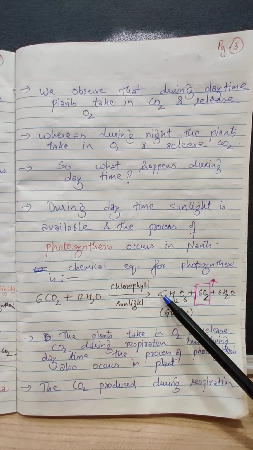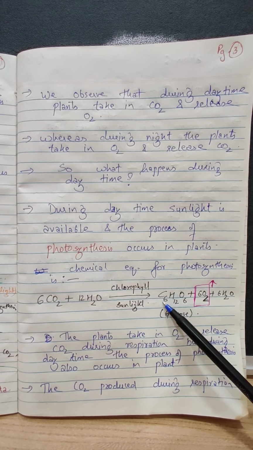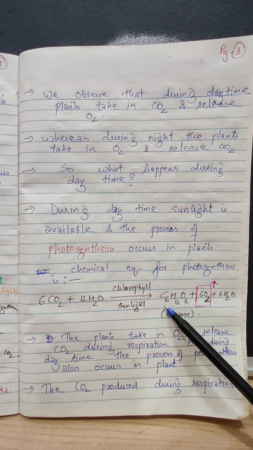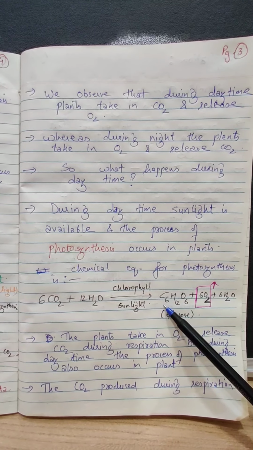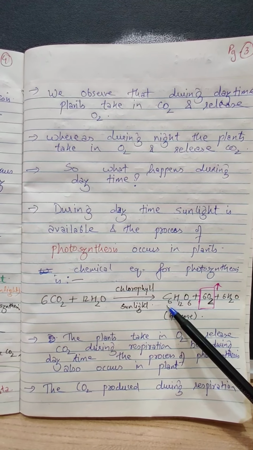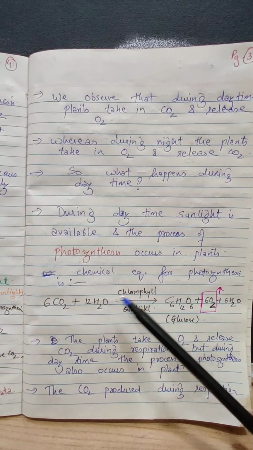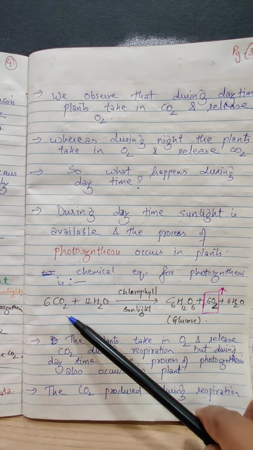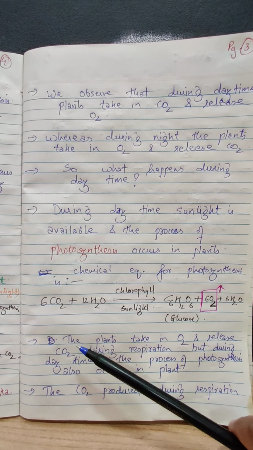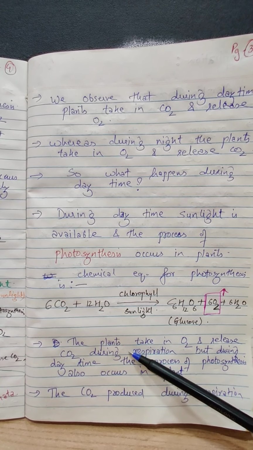So what happens? The plant, for respiration during daytime, takes in oxygen as usual. But the carbon dioxide produced by them during respiration is utilized for the process of photosynthesis only. So the plants take in oxygen and release CO2 during respiration.